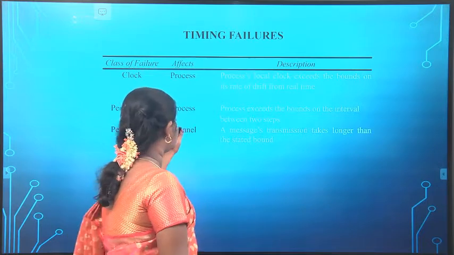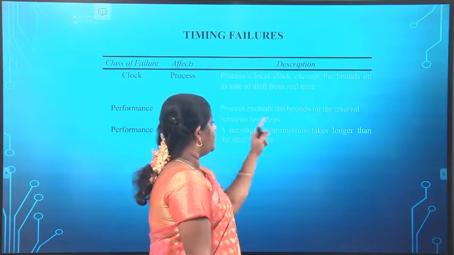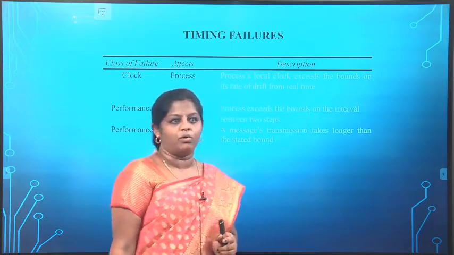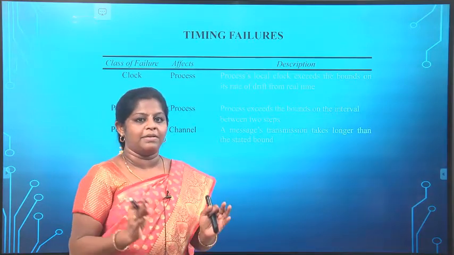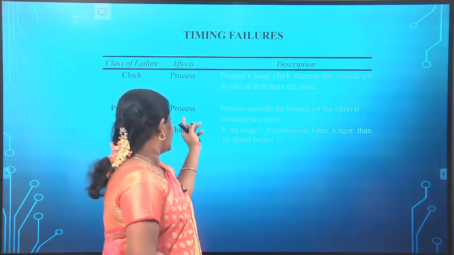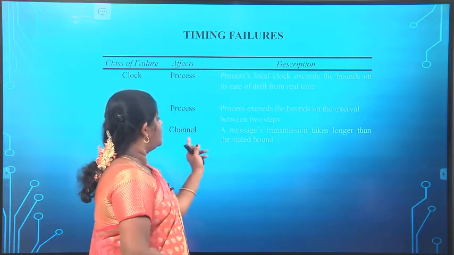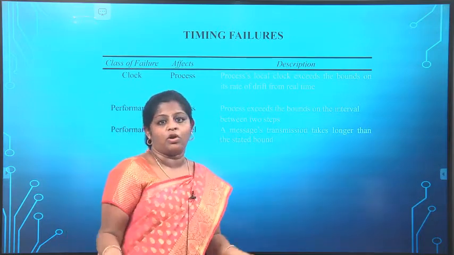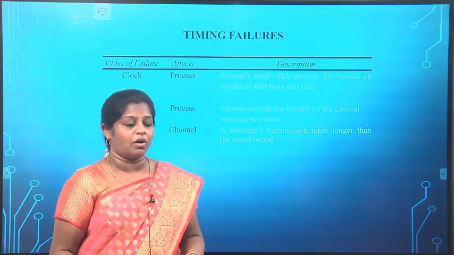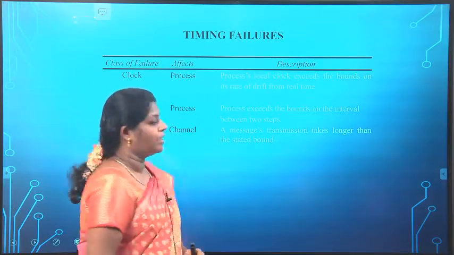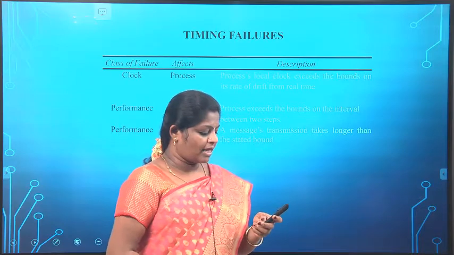If it is a process, we can say that within the time boundary or time period, the message is not received. Next, if the process is not responding for a long time, then we can say that it affects the channel. This is what timing failure is.